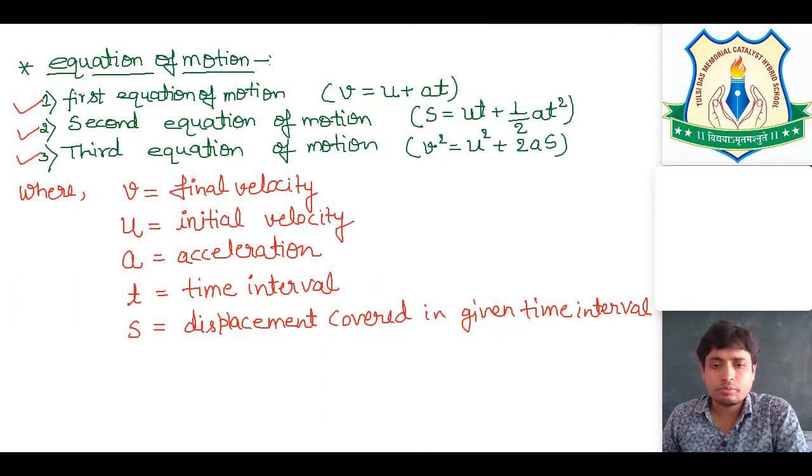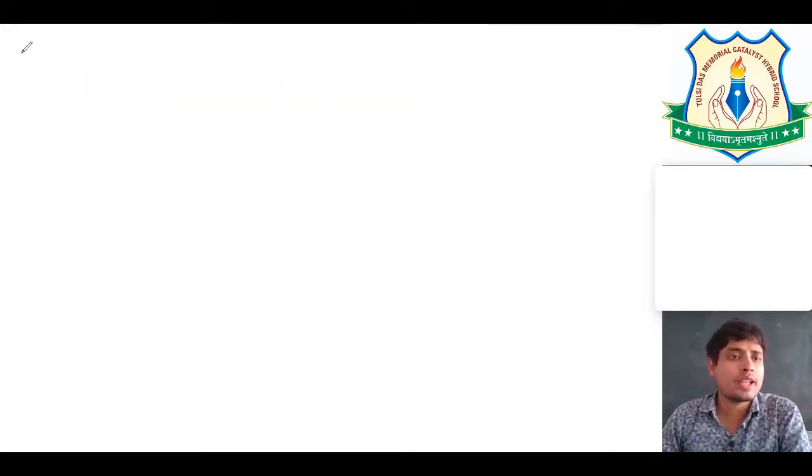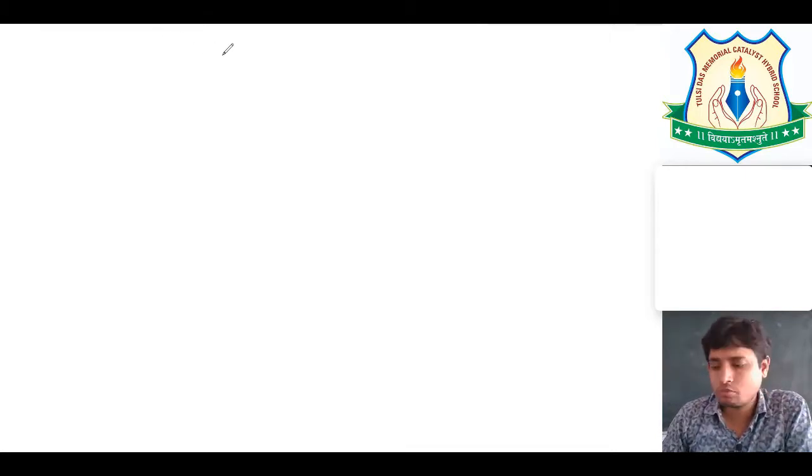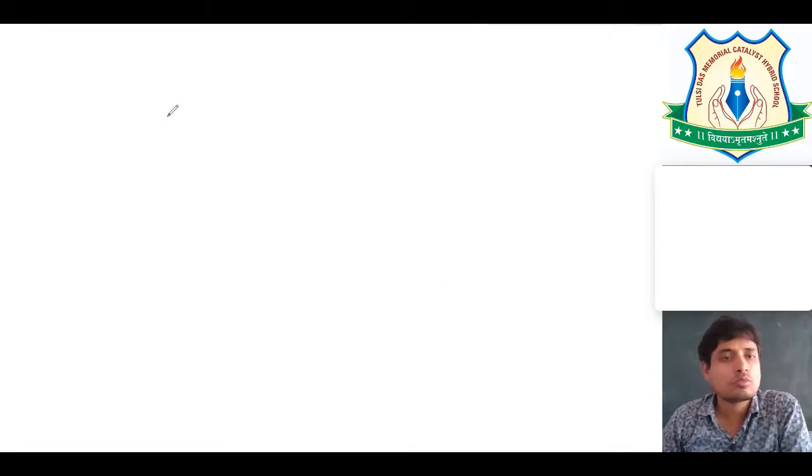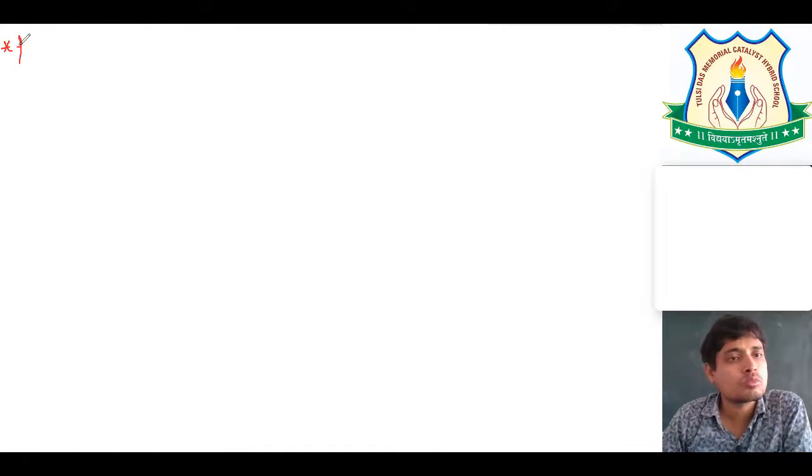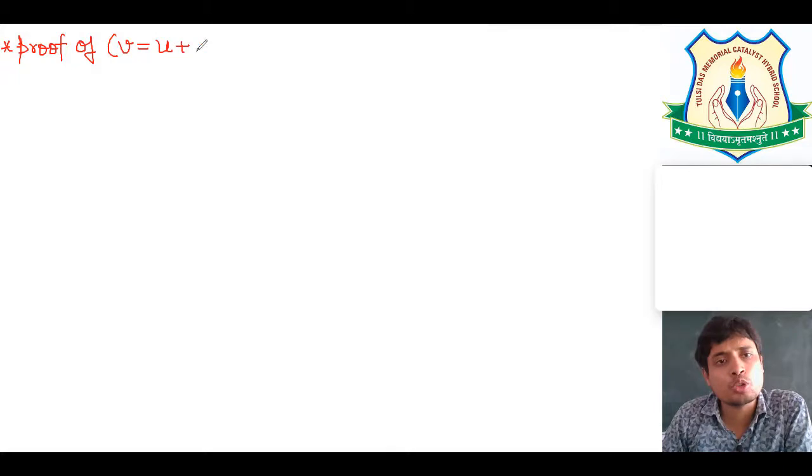Now go to the next page. We will prove this equation of motion. Proof of first equation of motion, v equal to u plus at.